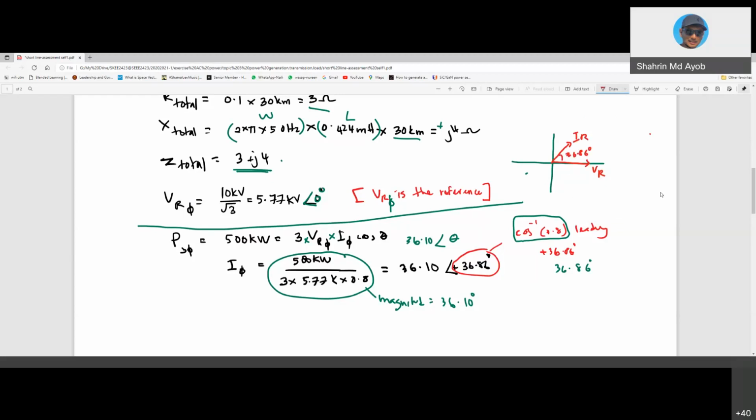As you can see, VR is 0 degrees because VR is the reference. Since the power factor is leading, IR is leading, so I give positive 36.86, meaning it leads the voltage. I hope you understand this.